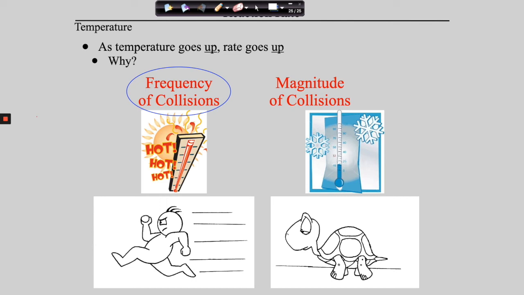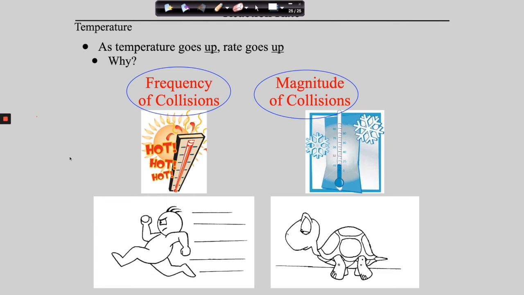But what about harder, higher energy, higher magnitude? And guys, the answer is also yes. It's like the cars in collisions. If you're moving 1 mile an hour and you collide, not a lot of energy. If you're going 80 miles an hour, things change. So guys, temperature changes both the frequency and the magnitude of the collisions.